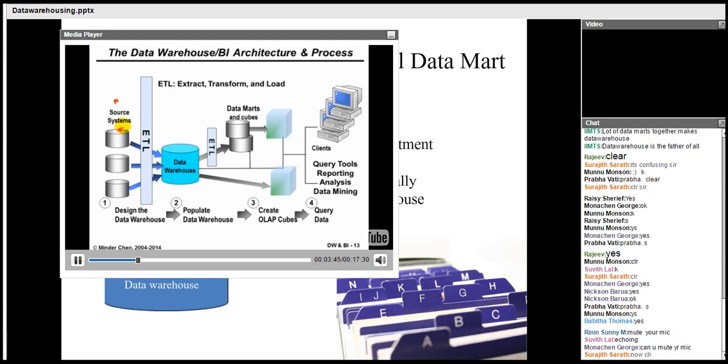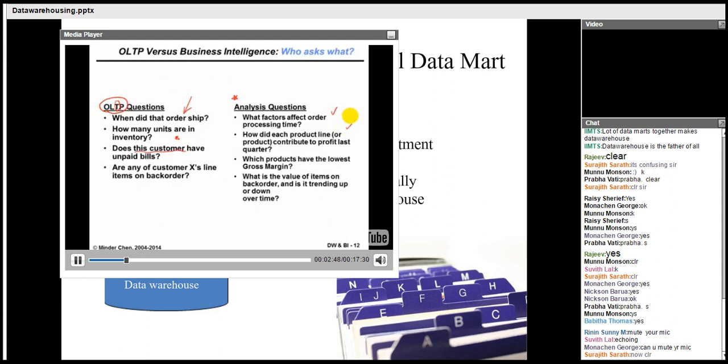What line or category contribute to the profit last quarter, and which product has the lowest gross margin, etc. That belong to business intelligence arena.